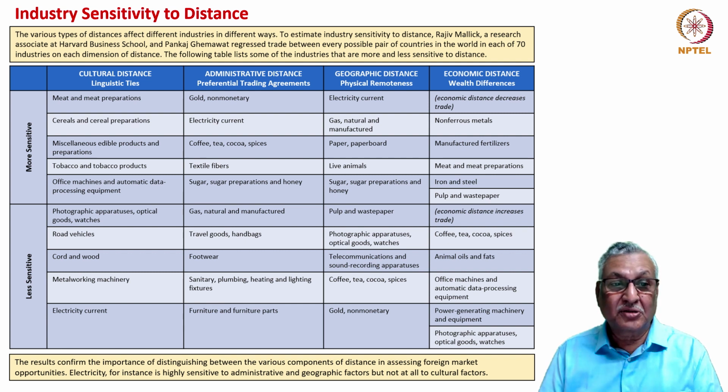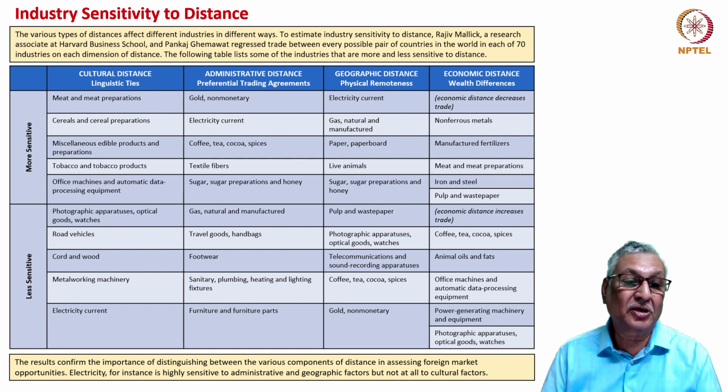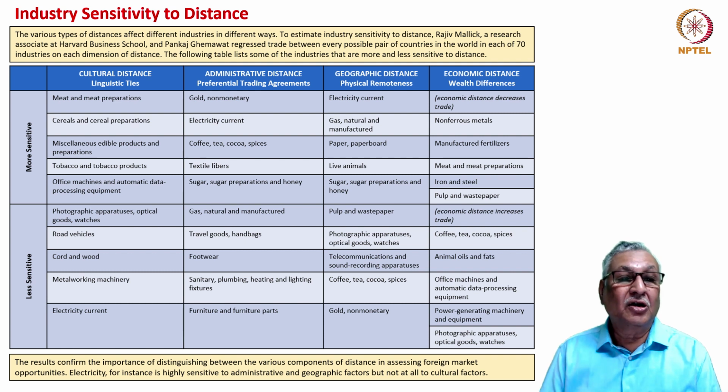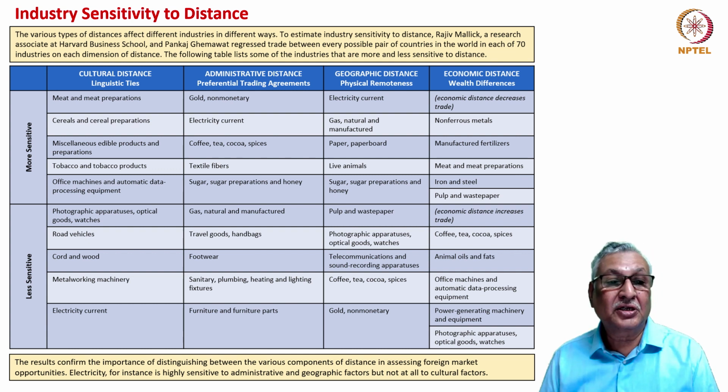That is one aspect. But more than that, the cultural aversion or attraction towards those products becomes a significant sensitivity factor in accepting those products culturally. Office machines and automatic data processing equipment, again, they are more sensitive to the linguistic ties.